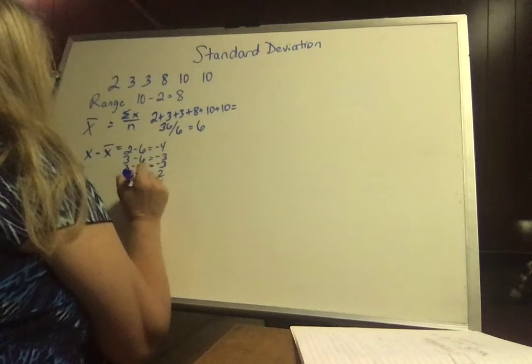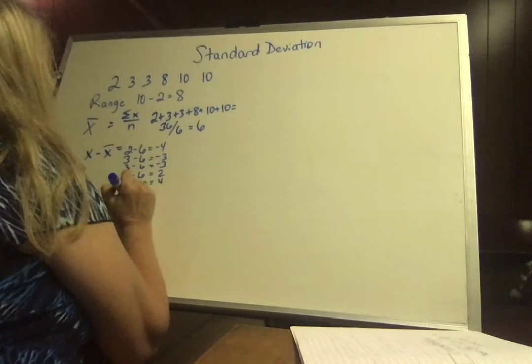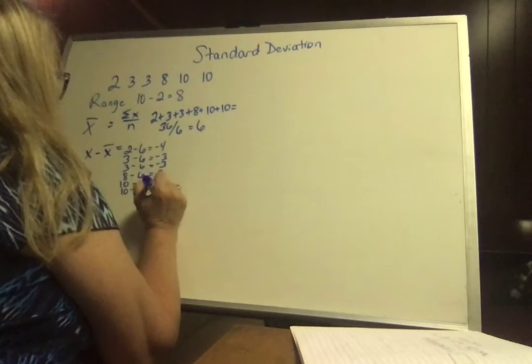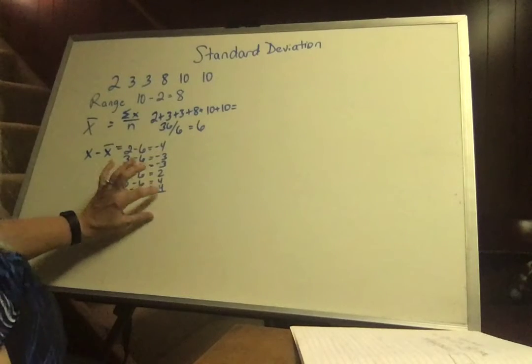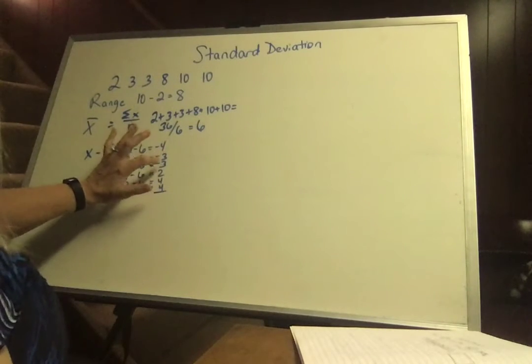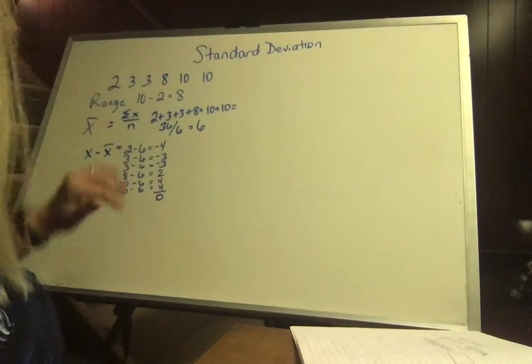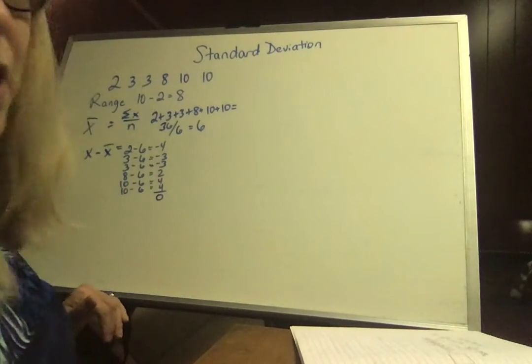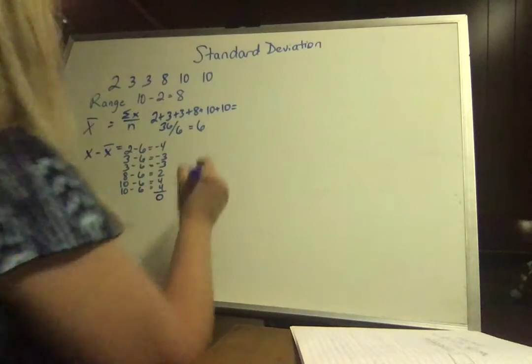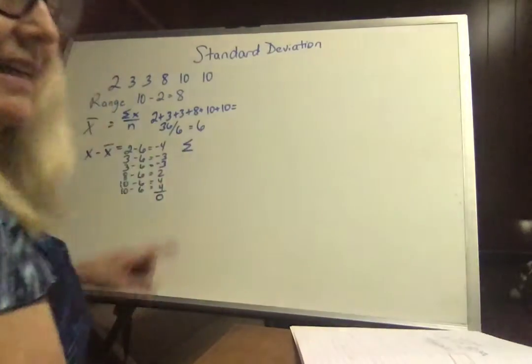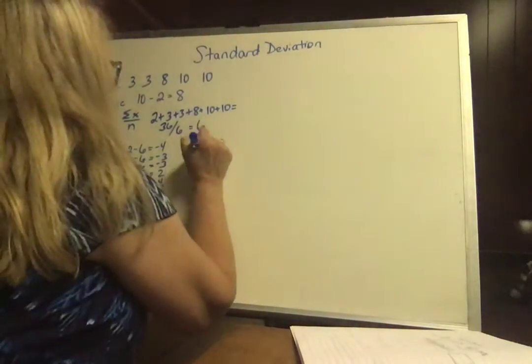Fifth number minus 6. Last number minus 6. And if you add these up, 4, 8, 10. 10 negative, 10 positive, comes out 0. Always comes out 0.